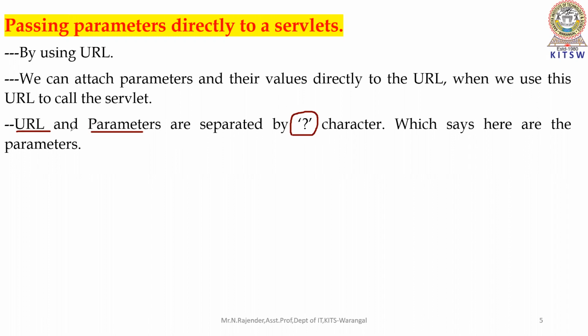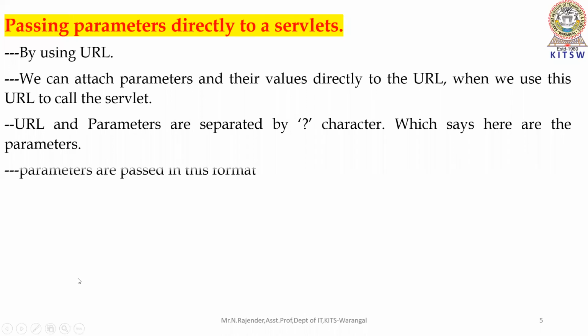By looking at this character, we know there are parameters associated with this URL that are to be passed to the servlet. Parameters are passed in this format: we write the parameter name and its value.